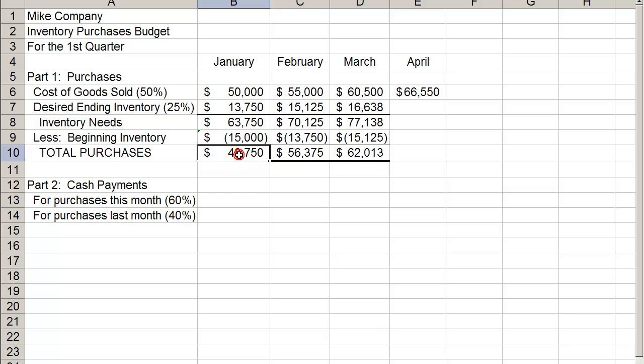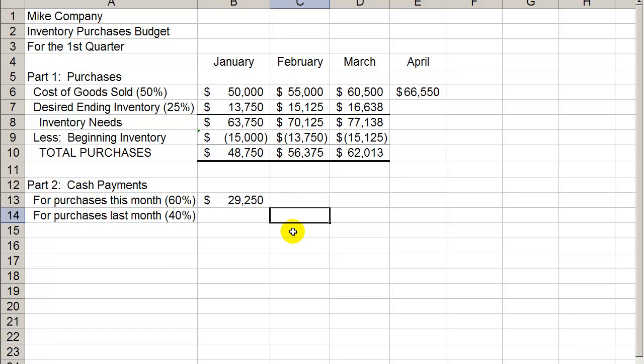So in January's purchases of $48,750, we're going to pay for 60% of those in January. So it's 0.6 times your total purchases. We're going to pay for $29,250 of this $48,750 in January.